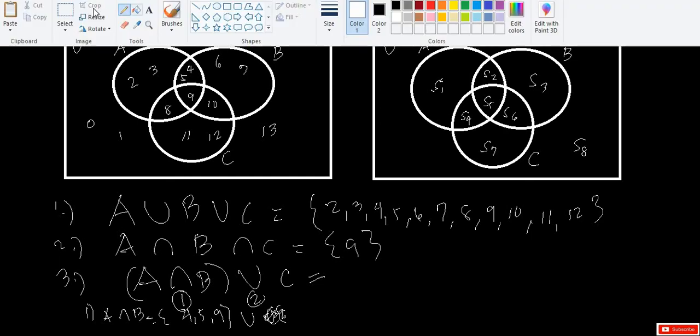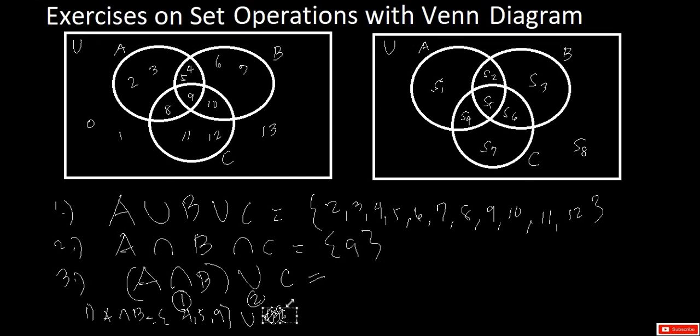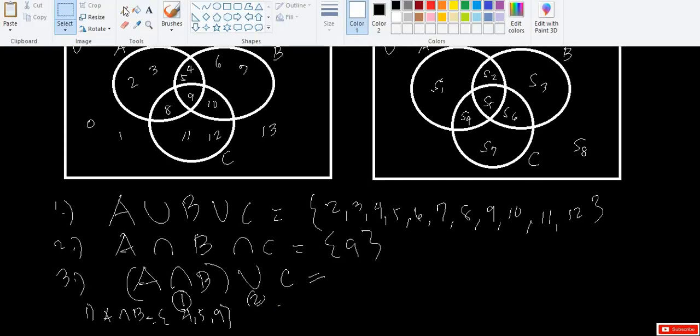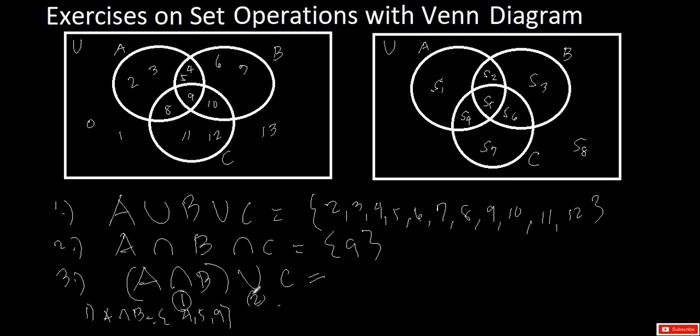Okay, let's erase first. We can just go immediately to step 2 and write the final elements. So let's take step 2. We take the union of the elements obtained in step 1, which are 4, 5, and 9, with the elements of set C, which are 8, 9, 10, 11, and 12.